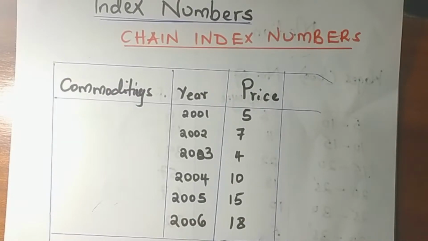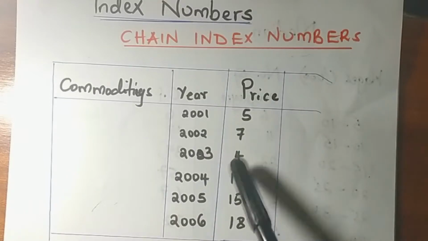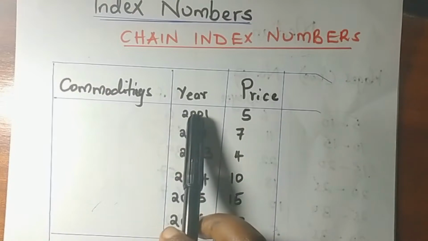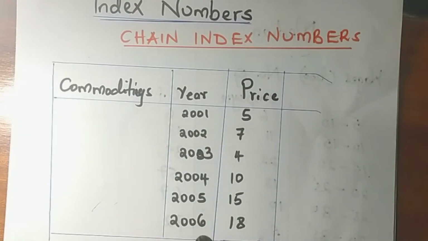So, in our example here, the base year for 2002 will be year 2001. The base year for year 2005 will be 2004.